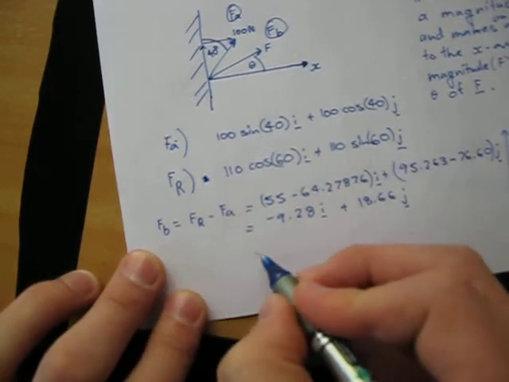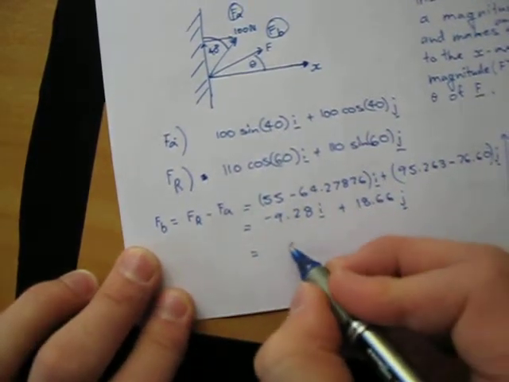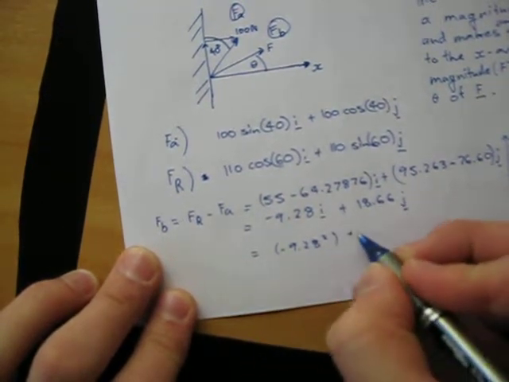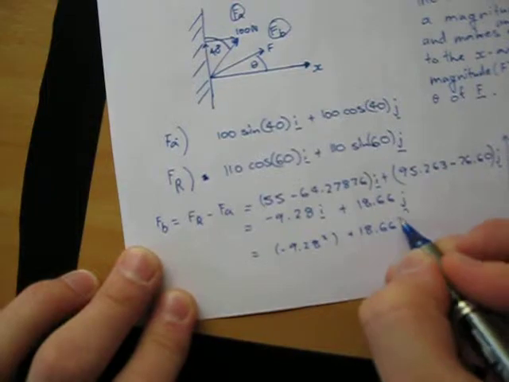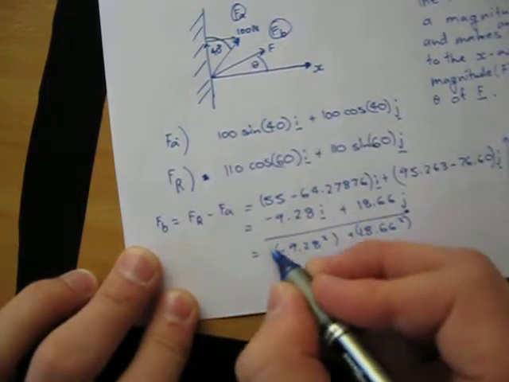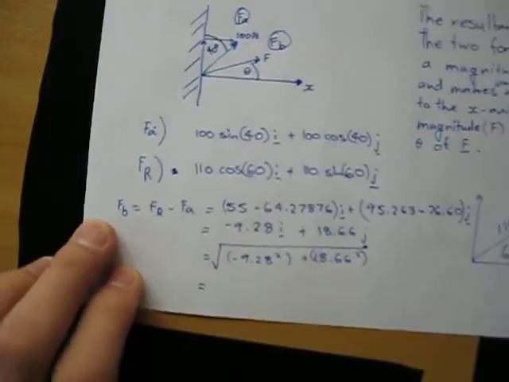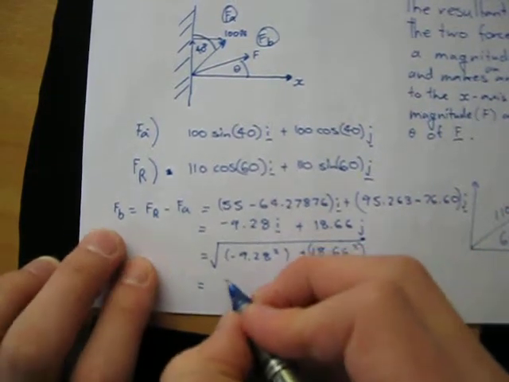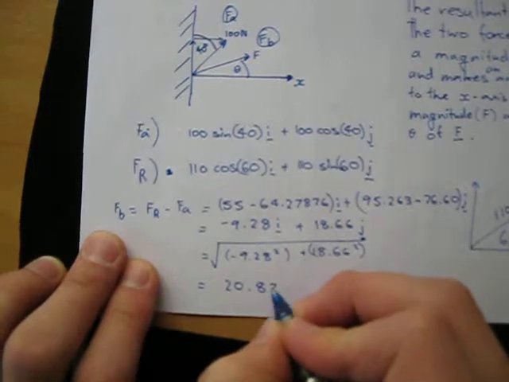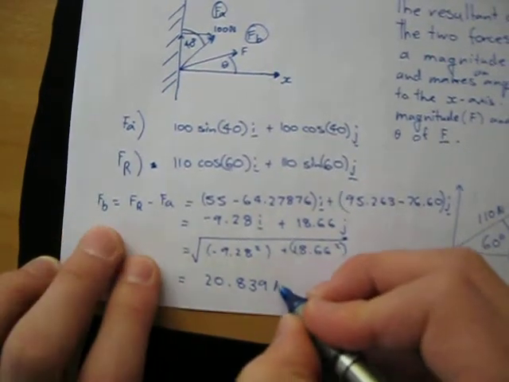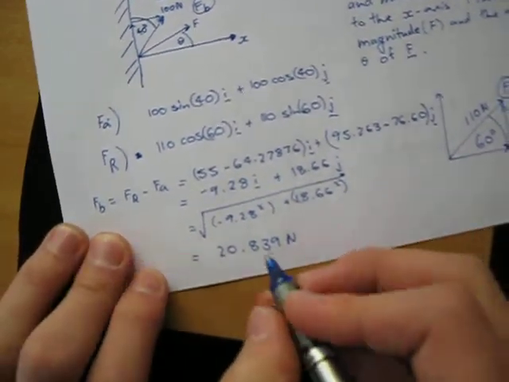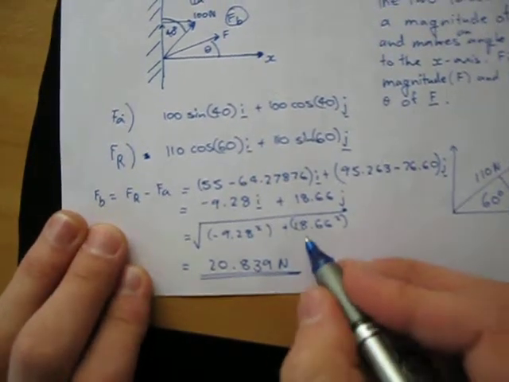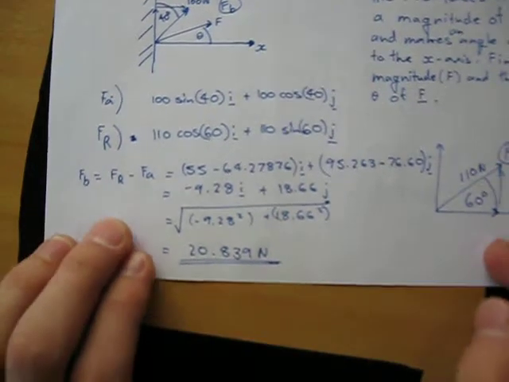Now we can just work out the magnitude of that by doing the old 9.28 squared. You guys should know how to do this if you watched the first video. Just another note as well, you probably know on your calculator that you'll have a polar to Cartesian and Cartesian to polar function. So you can use that if you want, but it's good to know what's actually going on when you press those buttons on the calculator.